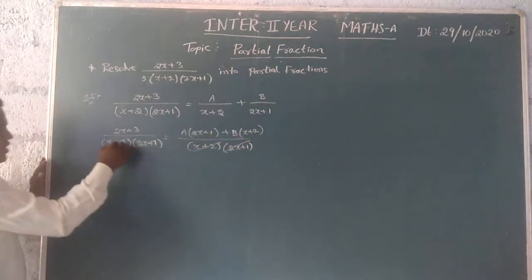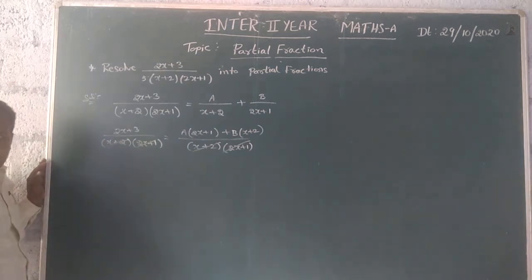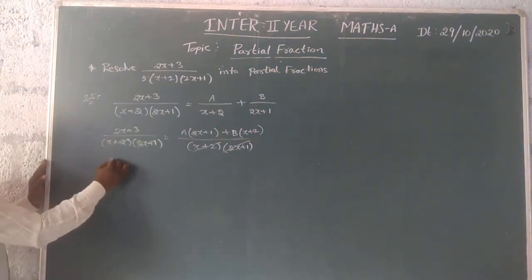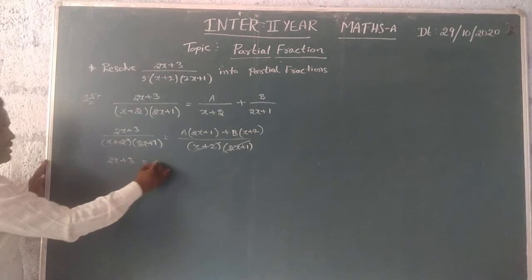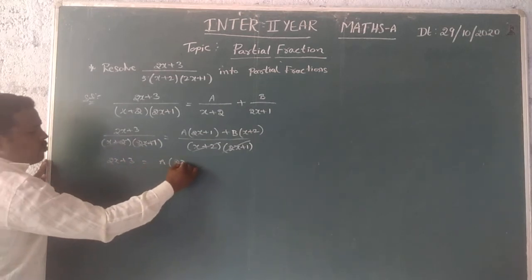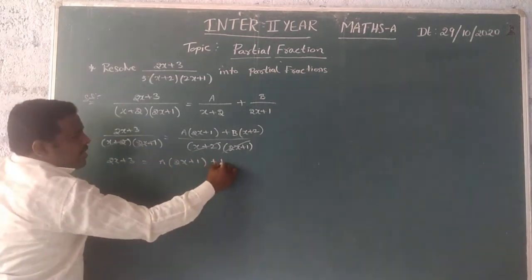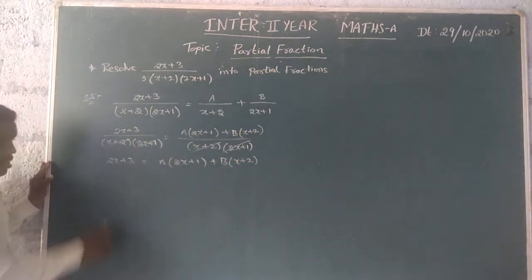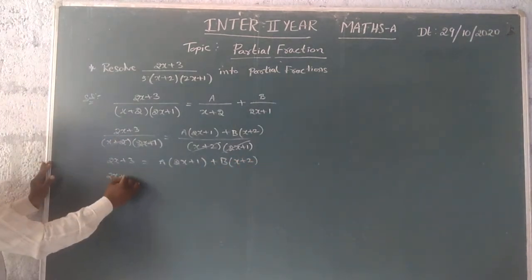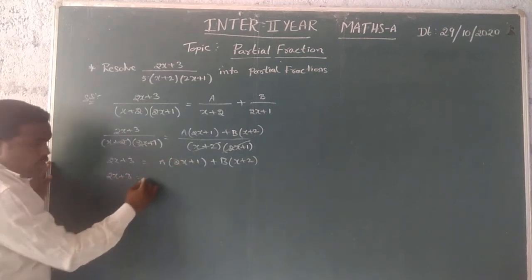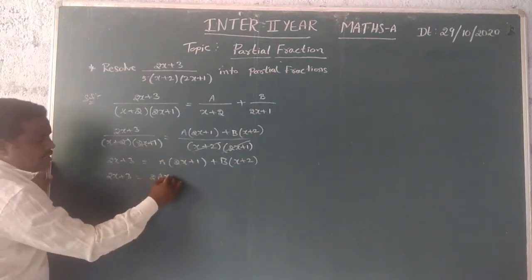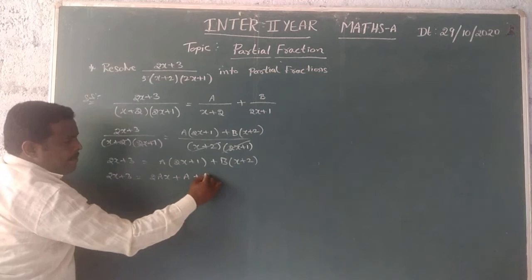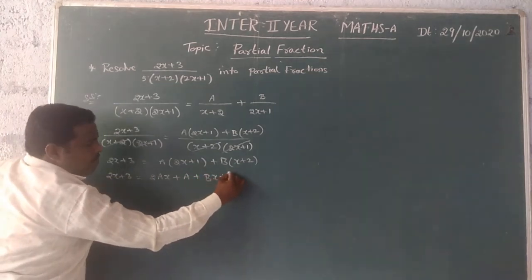On both sides the denominators are equal, so both get cancelled. Remaining: 2x plus 3 is equal to a of 2x plus 1 plus b of x plus 2. So 2x plus 3 is equal to a into 2x, 2ax plus a plus b into x, bx plus 2b.